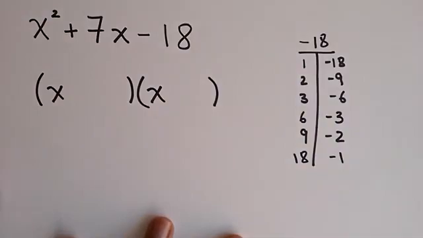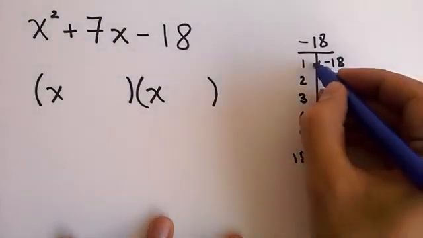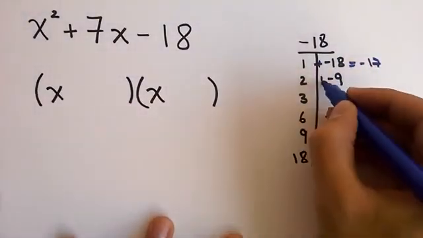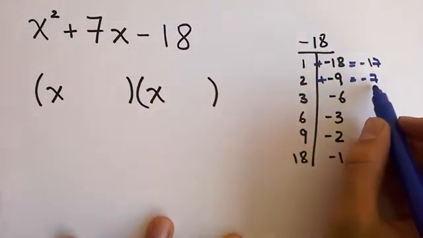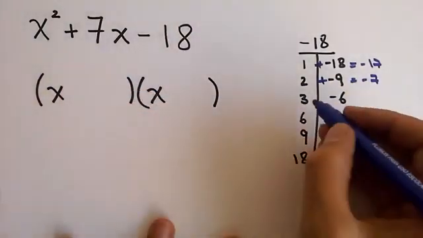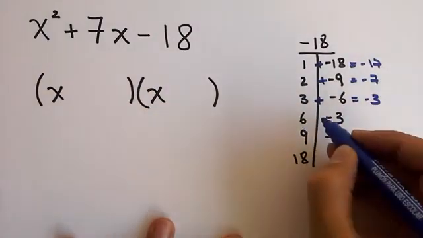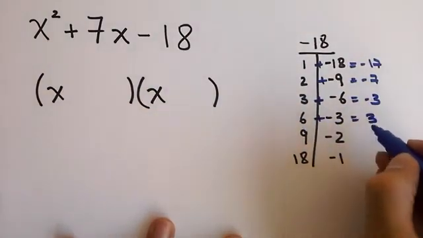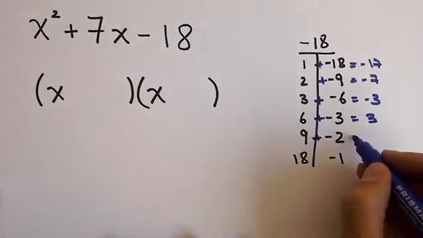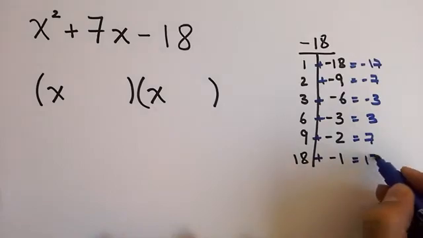To determine which of these 6 pairs you have to use, you use exactly the same test. You want to obtain a 7. So if you start adding, you obtain negative 17, negative 7, almost. Just that this one is negative 7 and we want a positive 7, so it should continue. 3 minus 6 is negative 3, 6 minus 3 is positive 3, 9 plus negative 2 is 7, and 18 plus negative 1 is 17.